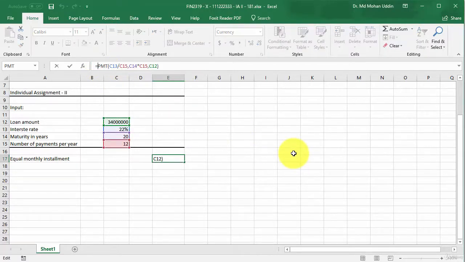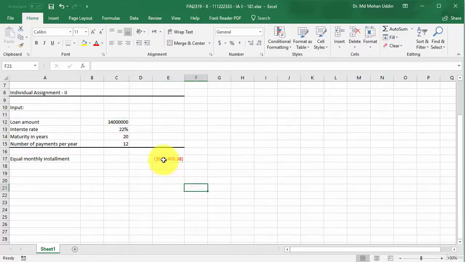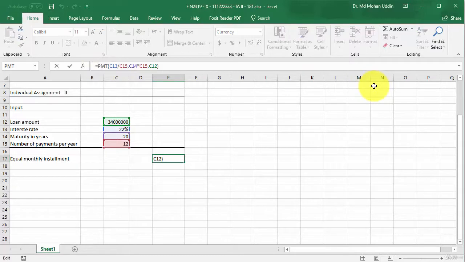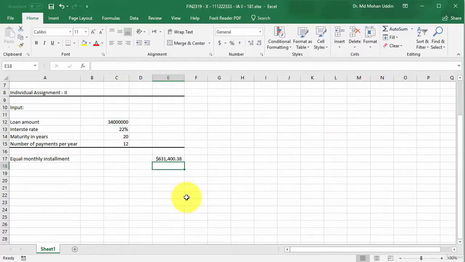It is very easy to understand. Therefore, if we click on this cell, the formula bar will show the formula. Before the formula we place a minus sign so that it shows a positive amount. We are not going to think about positive versus negative now.